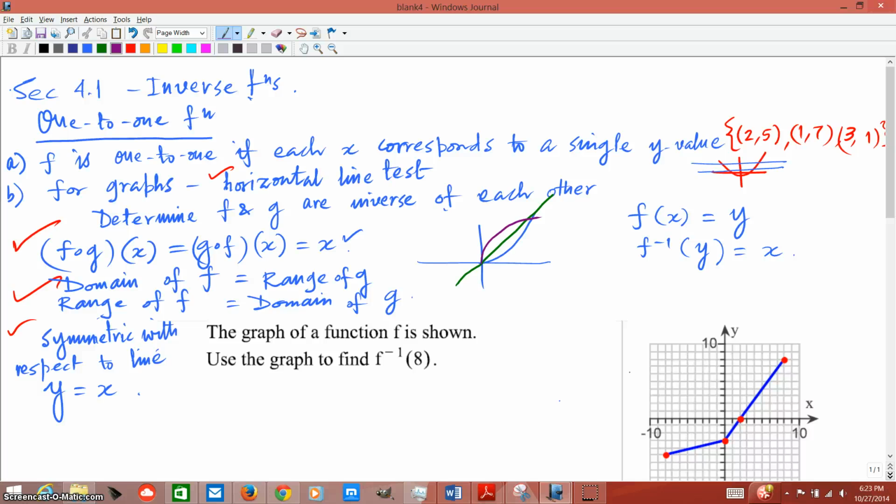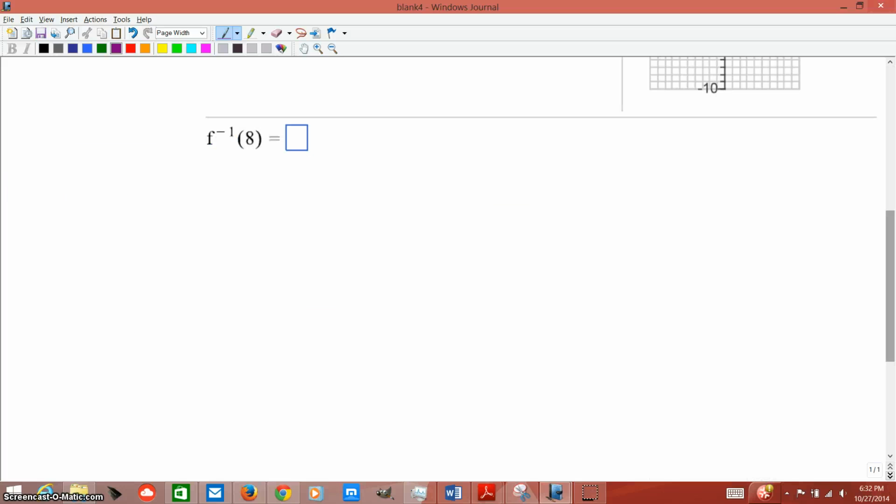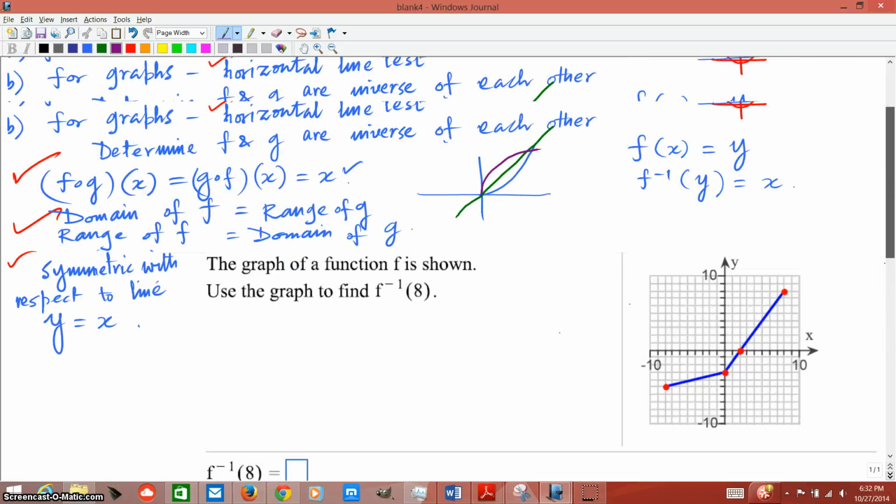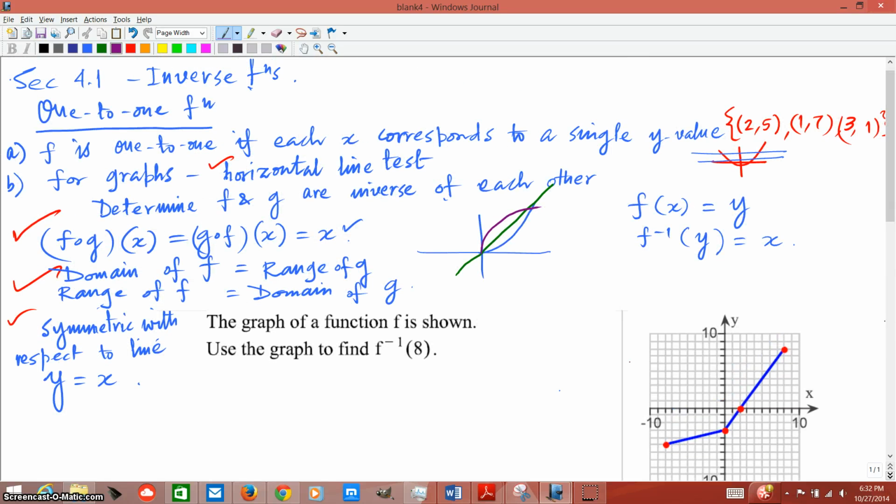Okay, now this is another important concept. Since we were still considering inverse functions, let's go back to one important concept. Once you have established that the function is one-to-one, you can always write down f(x) equals y and f inverse of y equals x, right?